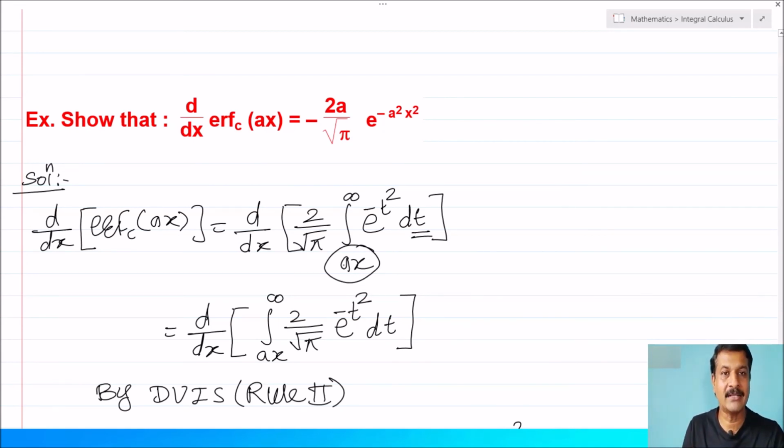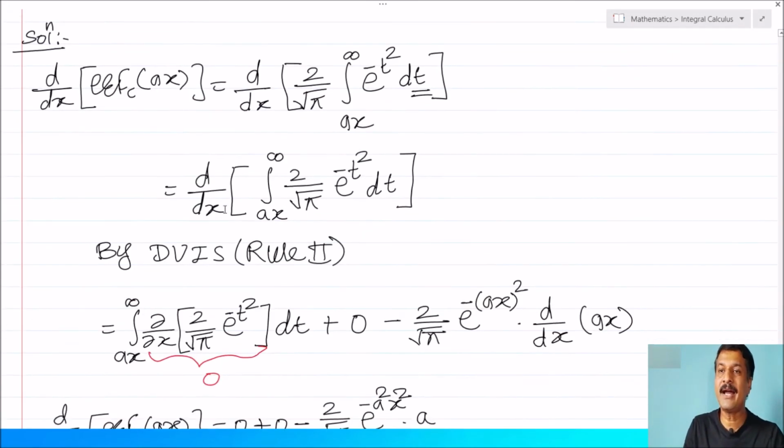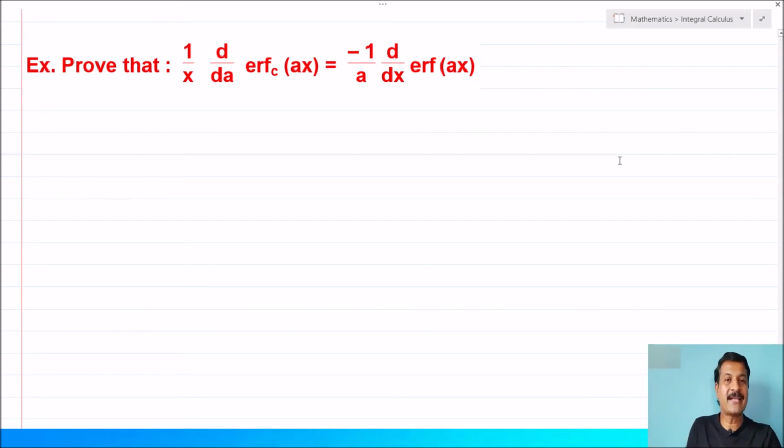So one may ask the same or a similar type of example with d by dA. For instance, prove that 1 by x d by dA of complement of error function of ax equal to minus 1 by a d by dx of error function of ax. So how do you find this?